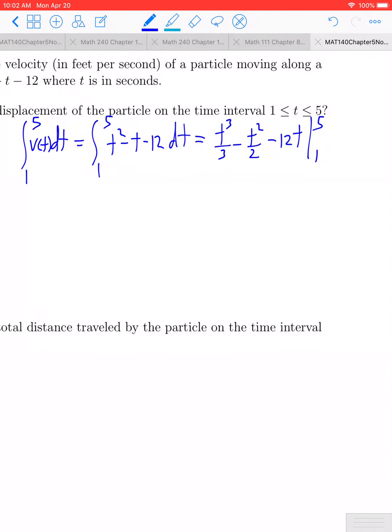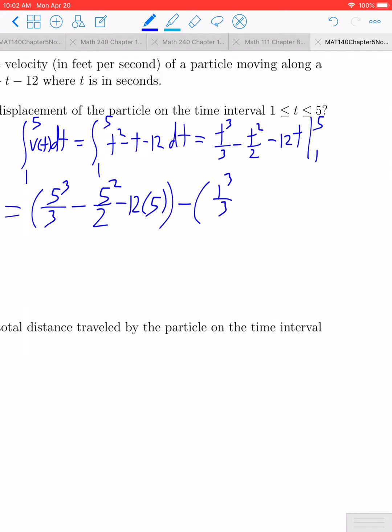We can go ahead and plug this in. We evaluate that antiderivative at the upper limit of integration. We get 5 cubed over 3 minus 5 squared over 2 minus 12 times 5, minus 1 cubed over 3 minus 1 squared over 2 minus 12 times 1.